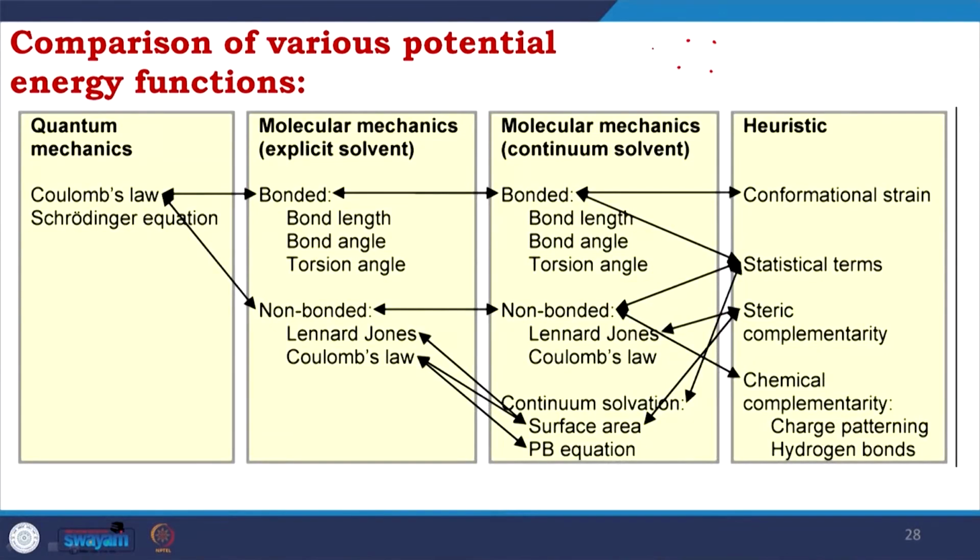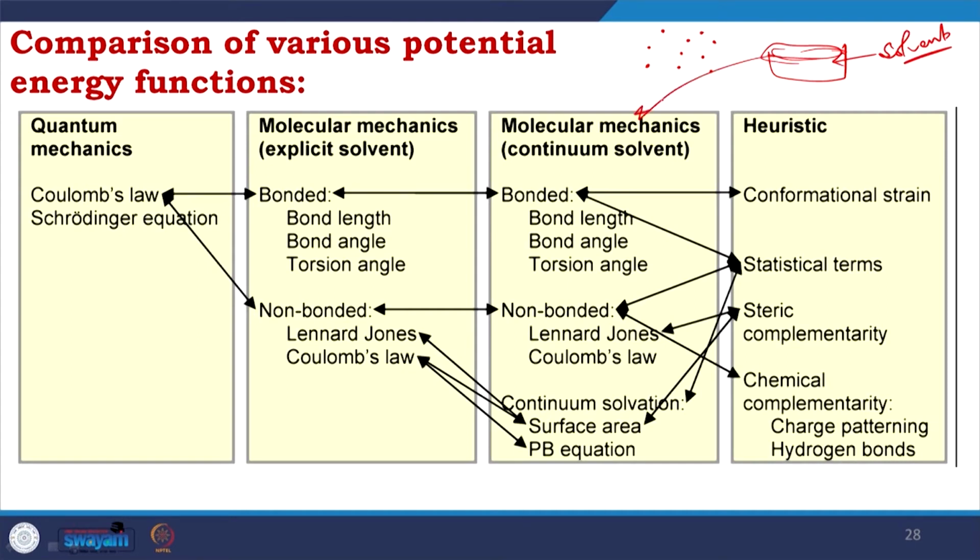When you consider, let us say, a water model, you could consider them as discrete water molecules, as individual existent water molecules. These are explicit solvent, and when you consider them as a continuous solvent with average property, then it comes to continuum solvent.